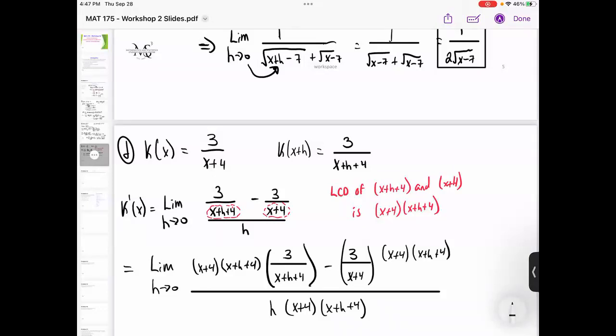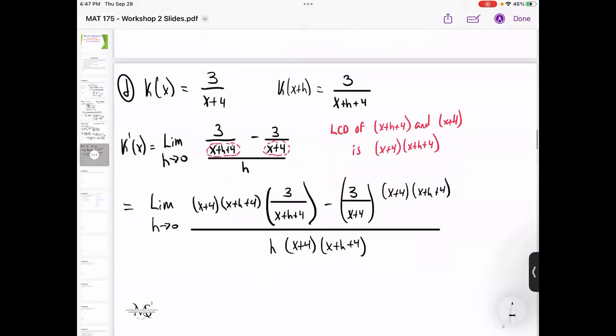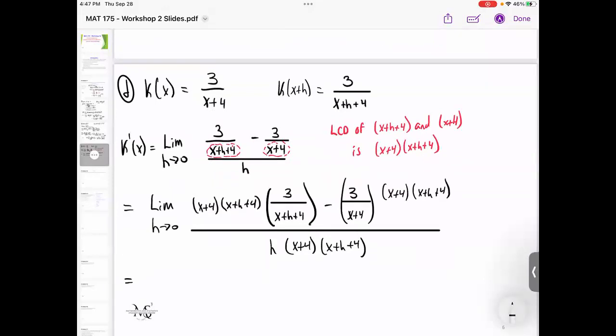The LCD helps us clear complex fractions. So, for example, when I take the LCD and multiply it by 3 over x plus h plus 4, since we have an x plus h plus 4 in the numerator and denominator, they will cancel out. So this will give us 3 times x plus 4.